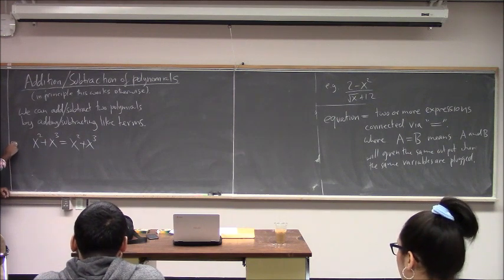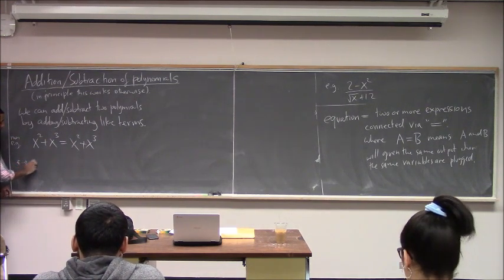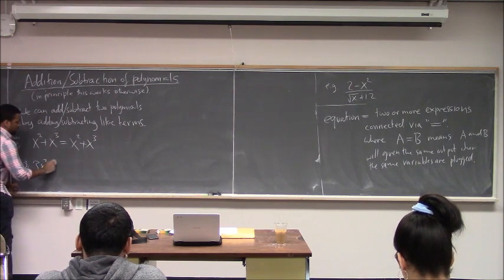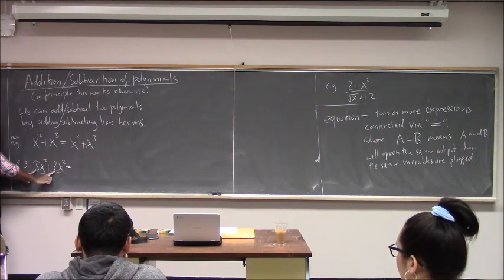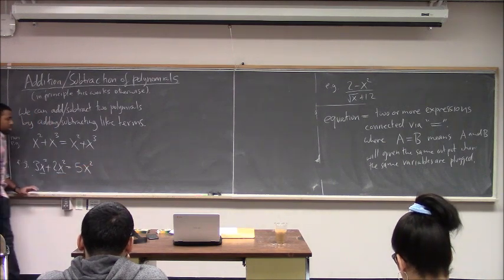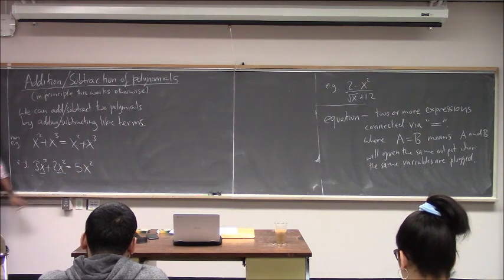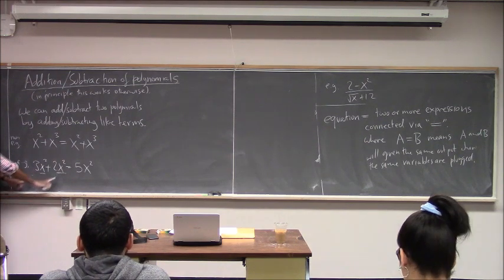So that's a non-example. An example is if you had 3x squared plus 2x squared. These guys are like terms because the variable parts are the same. The coefficients are different, but it doesn't matter. You can add like terms, and that would be able to combine that into one single expression of 5x squared. We can do that whenever we have like terms.